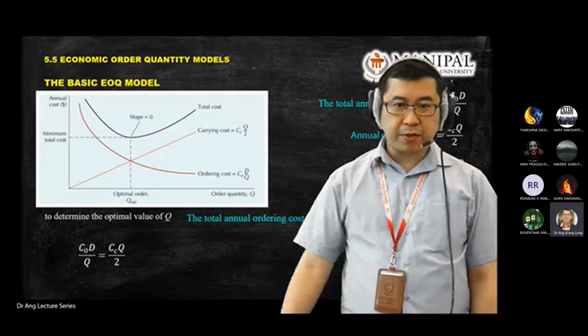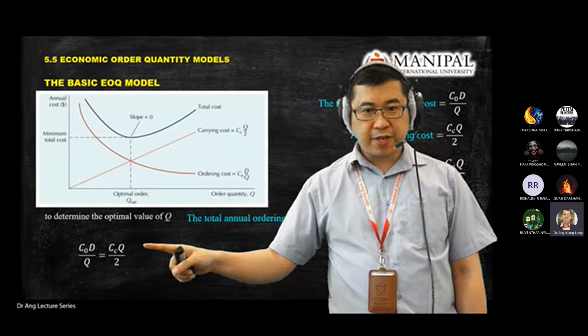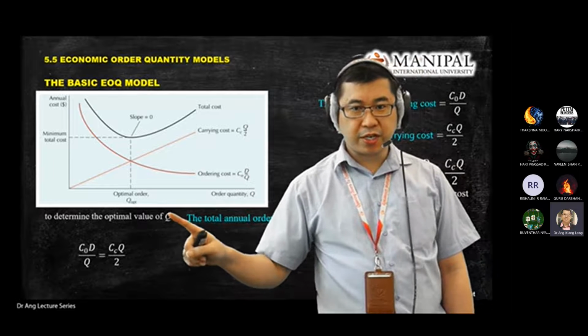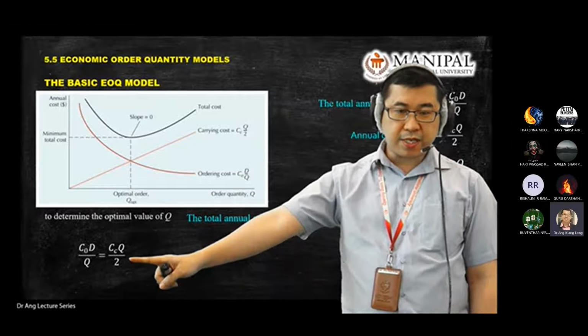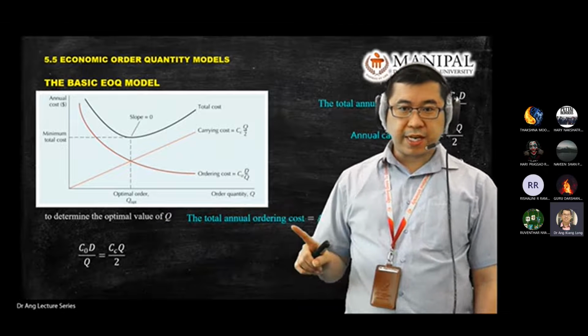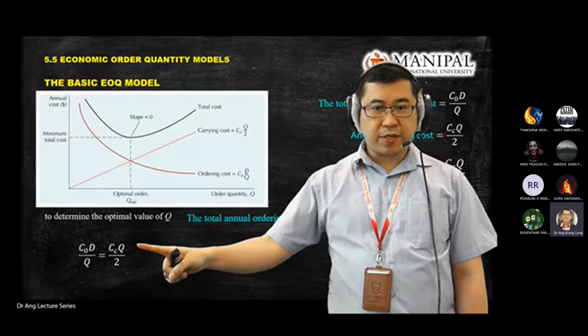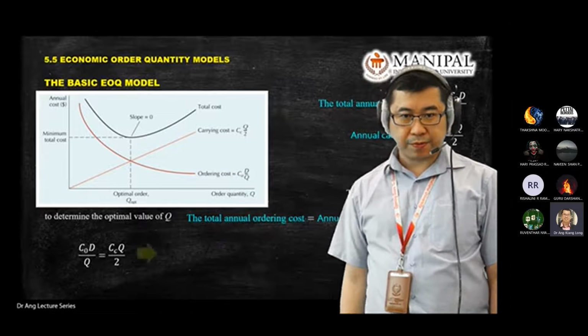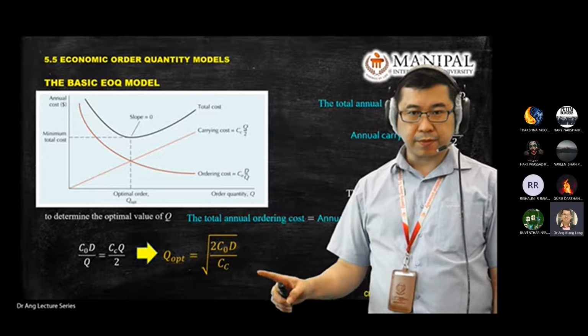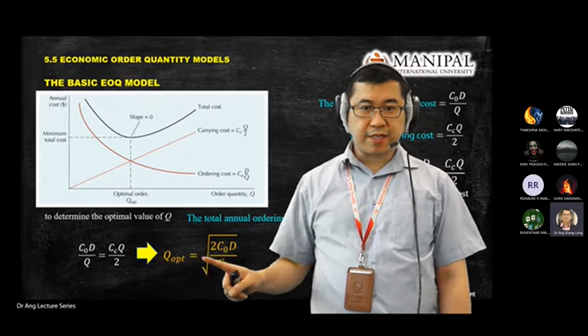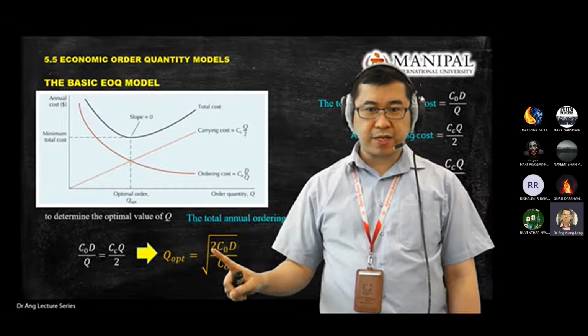Can you see the mathematical model? The final objective here is to find the Q. You're using this relationship, this equal to this one. Rearrange the equation, you get your Q. Okay, it's just mathematics from here to here.